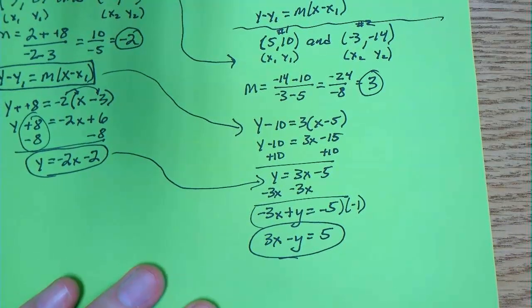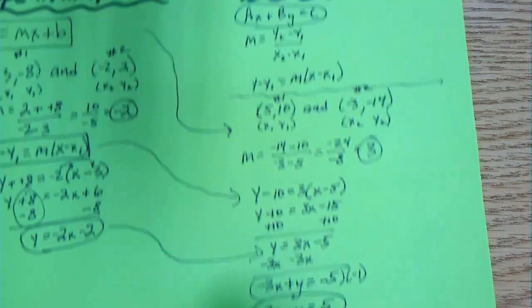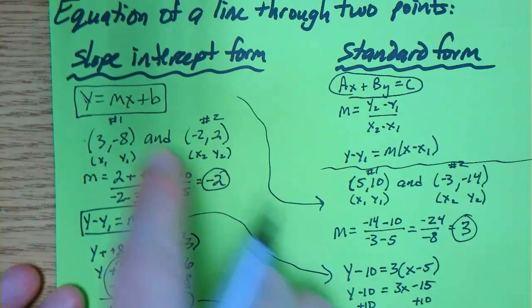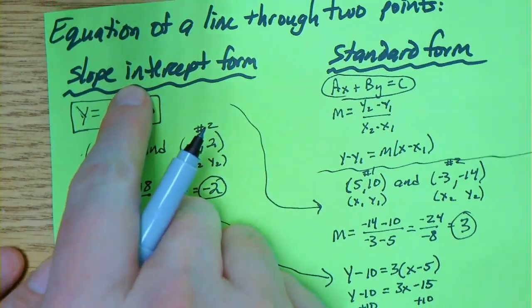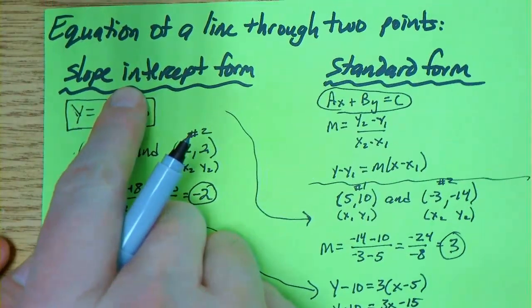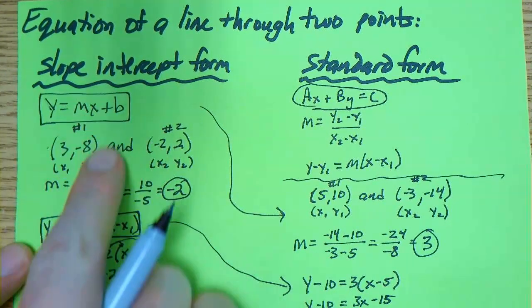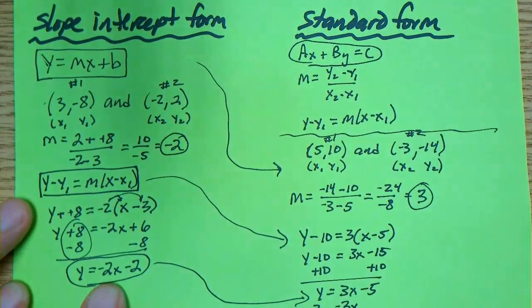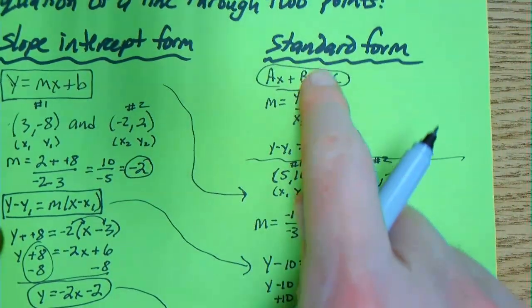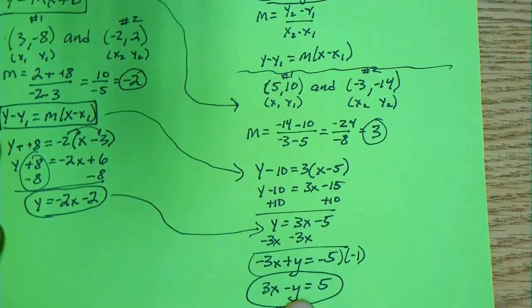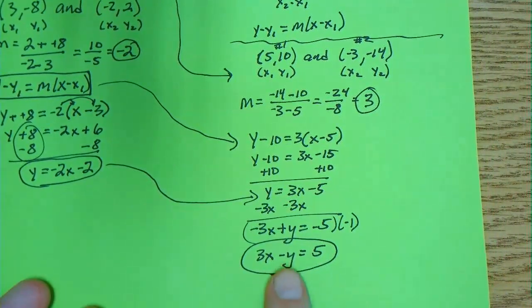All right. So we have two different types of problems. Finding the slope, finding the equation of a line using slope-intercept form. Okay, we want to be able to get to that point. And then one other piece, we use standard form and we try to get it there. So that means ax plus by equals c.